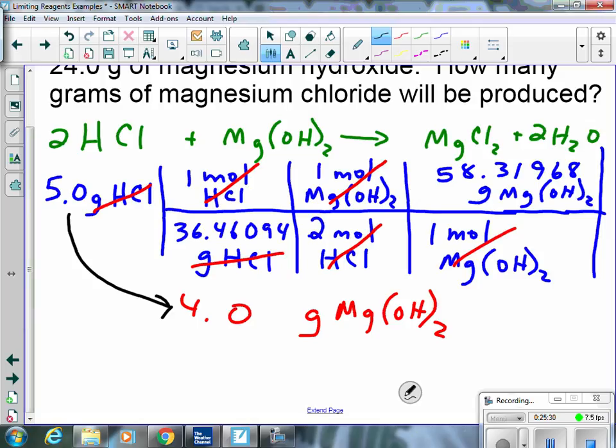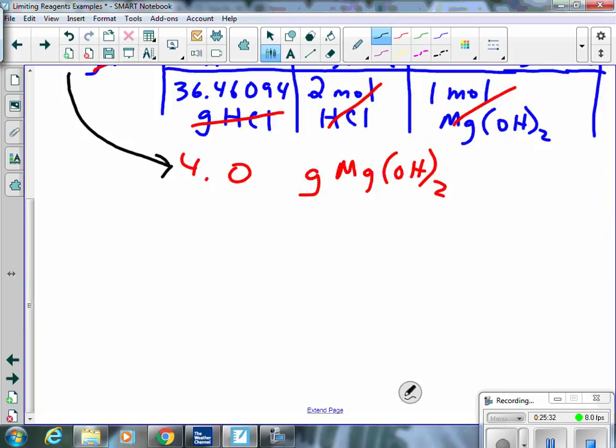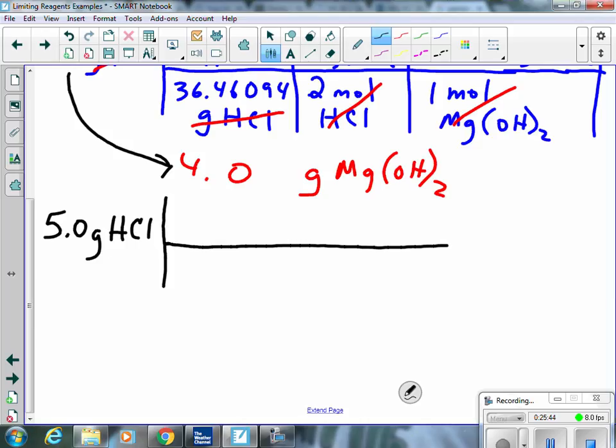So I extend my page here a bit. I'm going to take 5 grams HCl, and I'm going to go mass to mass. What was I trying to find? Magnesium chloride, if I remember right, correct? So I'm going to go mass to mass to the magnesium chloride.